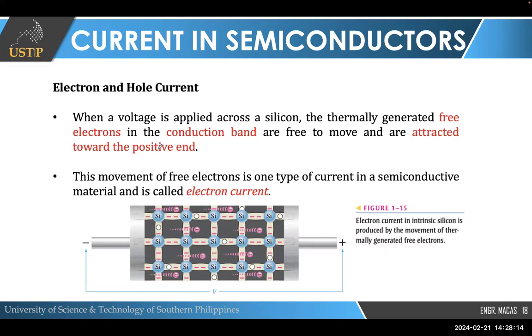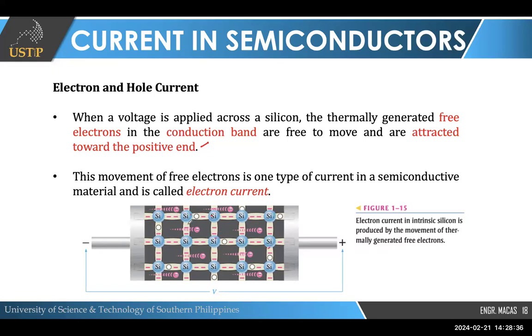So the free electrons in the conduction band are now free to move. Because they are negatively charged, they are attracted toward the positive end. Example, this is your semiconductor material, viewed cross-sectionally, the silicon crystals.